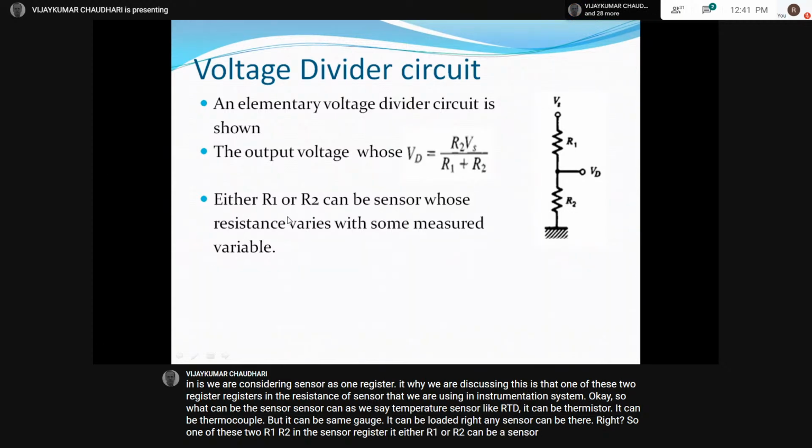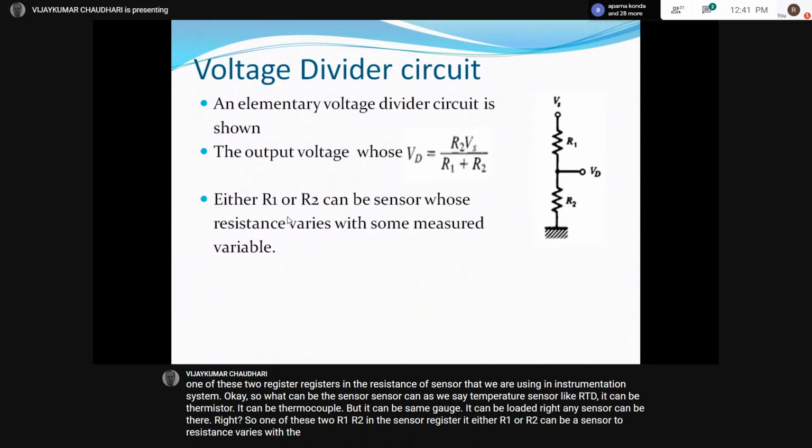In case of strain gauge, as the stress deformation occurs, the dimensions, length and breadth, of that strain gauge change, and its resistance changes. With applied force, the dimensions of the strain gauge element change and the resistance changes.